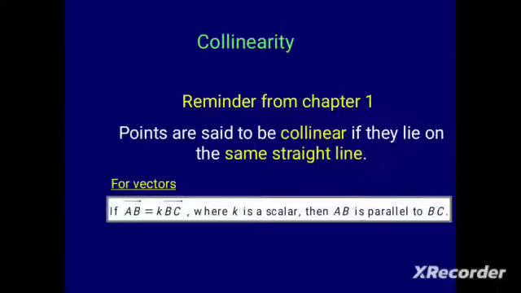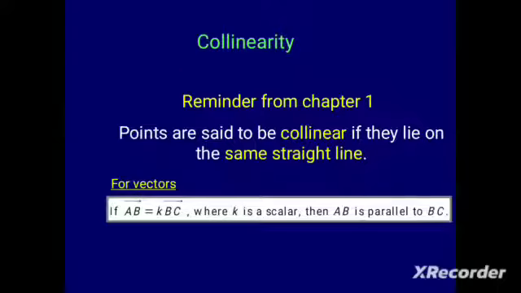But for collinearity, we are going to pick only two vectors, that is vector AB and vector BC. We want to prove that these two vectors are parallel, and then we identify a common point. That is when collinearity will be achieved.